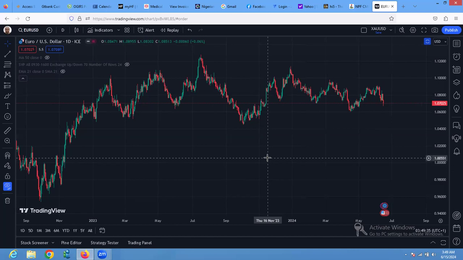When you are doing a correction with C of correction, because wave A might actually go up correctively, but wave C would be impulsive.